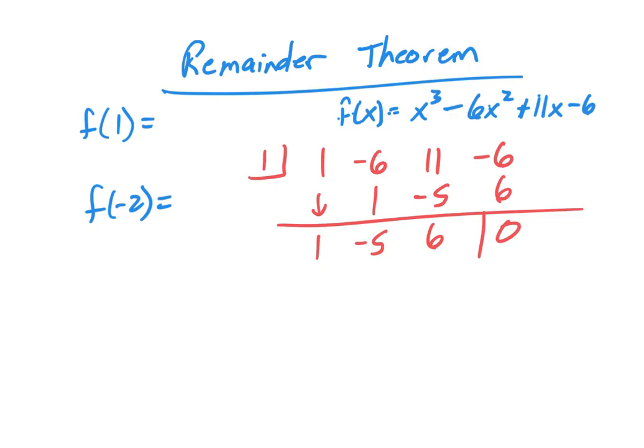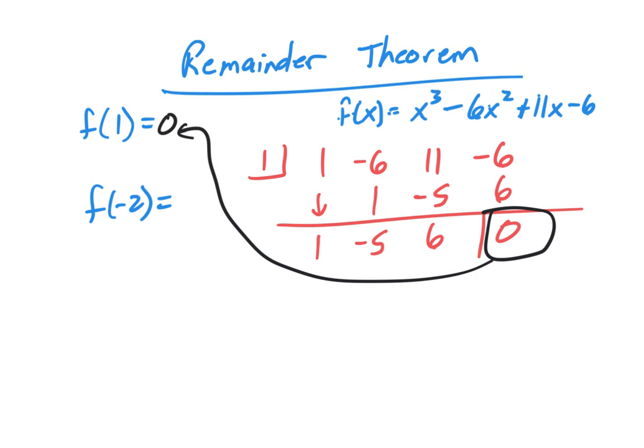Okay, and that remainder right here is what I would get if I were to plug 1 into this function. So it's just another way of evaluating the function. The remainder is the same as what I would get if I plugged 1 into this function.